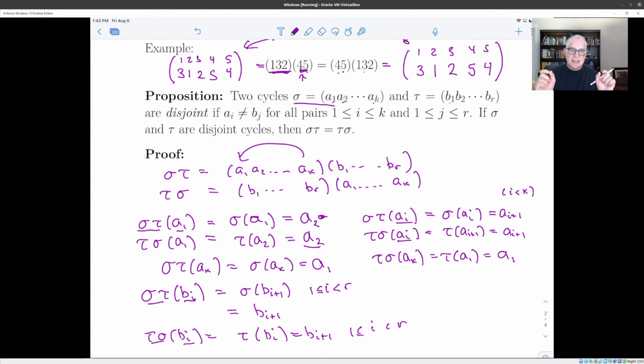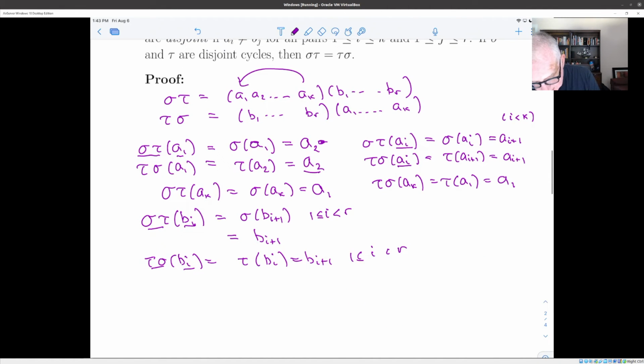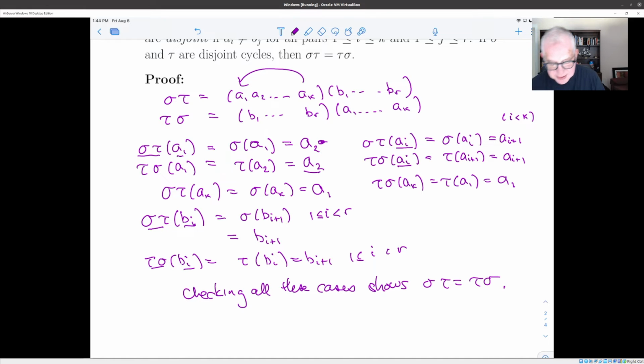So sigma tau and tau sigma do exactly the same thing to the A's and B's, and they fix everything else which isn't mentioned. And so we see that as permutations, they're exactly the same. So checking all these cases shows that sigma tau is the same as tau sigma.